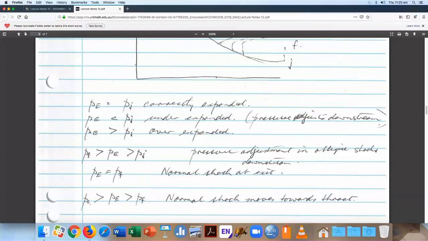And this is not guaranteed that you will have what I've described, just a normal shock. It's frequently more complicated than that because there are boundary layers, and the pressure rise will cause the boundary layer to separate, and you get oblique shocks, and so there could be a mess inside there.